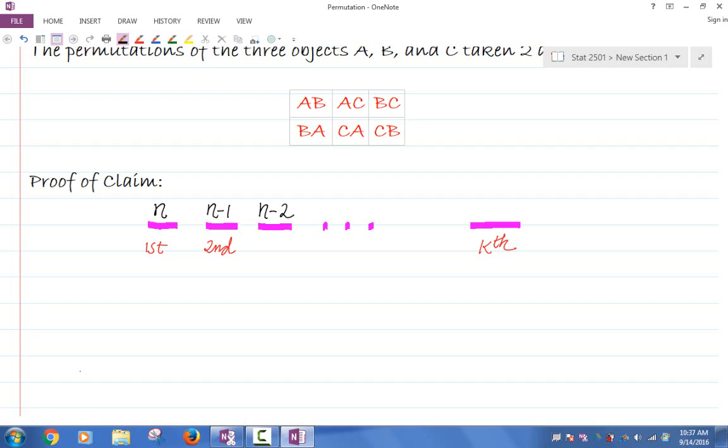Remember, the first position, the number of choices is n minus 0. Second position, the number of choices is n minus 1. Third position, the number of choices is n minus 2. So from n, you're subtracting 1 less than the position number. So for the kth position, from n, you'll be subtracting 1 less than the position number k, which in fact is the same as n minus k plus 1, as you said.